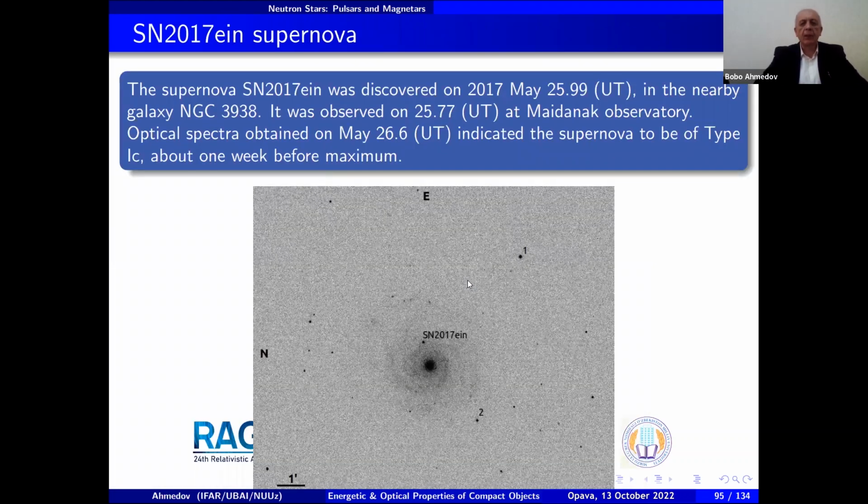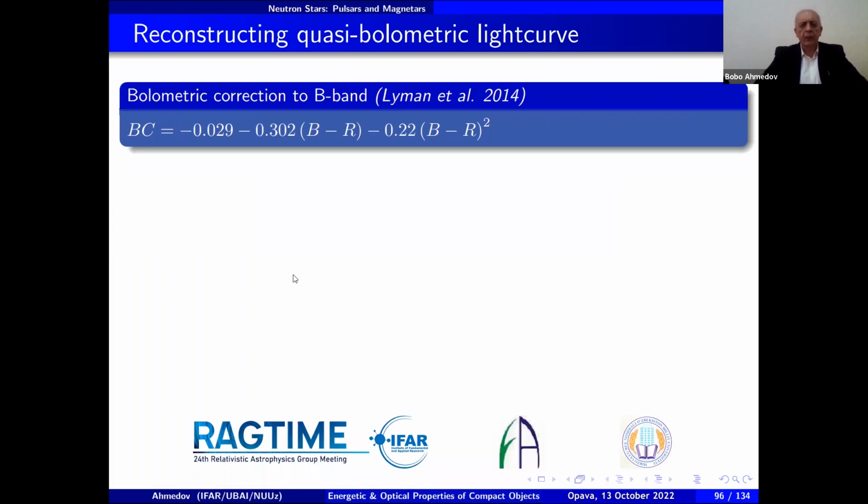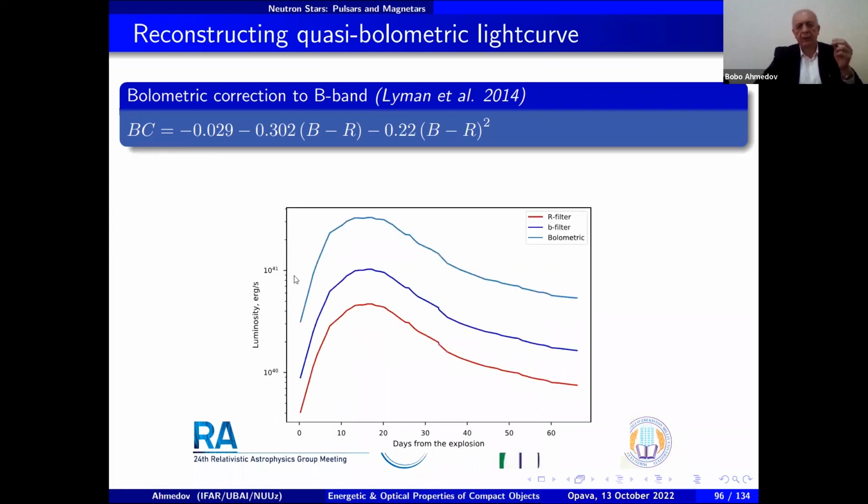And at Majdanek Observatory, we decided to look at the data of the supernova 2017 and we looked at the bolometric luminosity of this event in the different wavelengths through different filters.